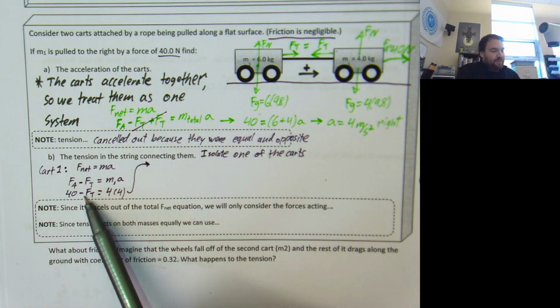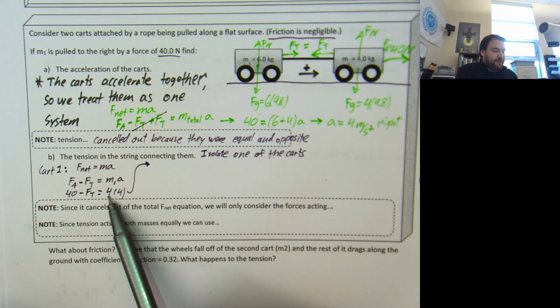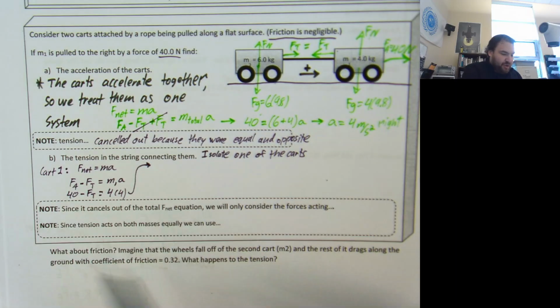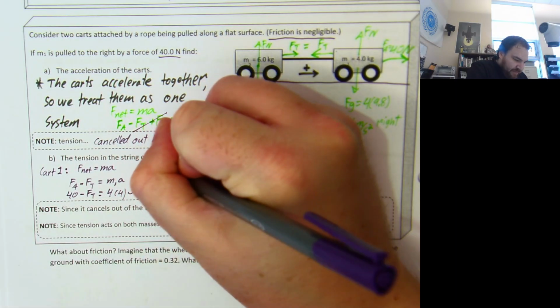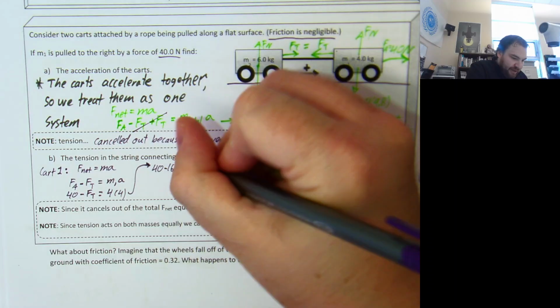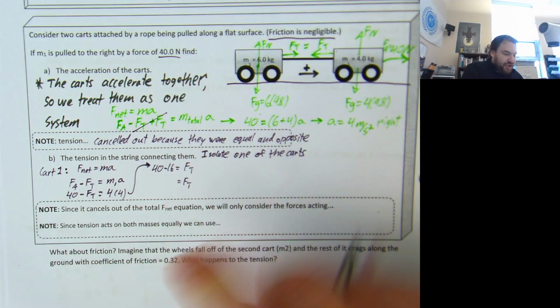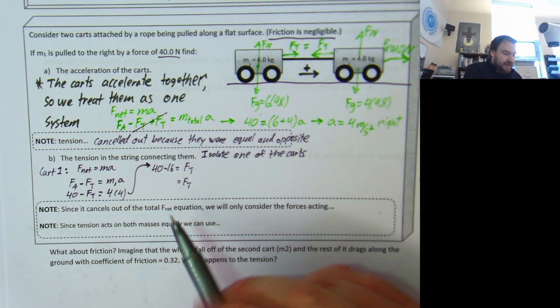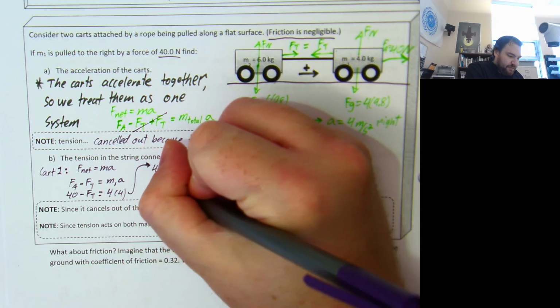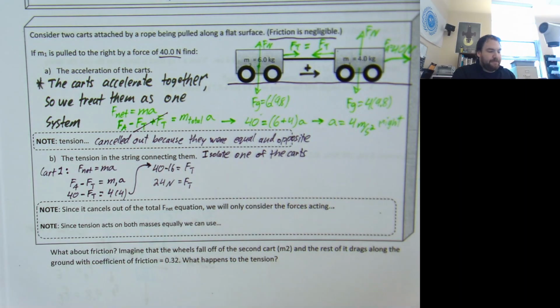I don't want that, so I'm going to add it to the other side, and 4 times 4 is 16. I'm going to subtract that back to the other side. So I get 40 minus 16 equals Ft, which means if we look at just the cart on the right, Ft is going to be 24 newtons. If we ignore cart 2 and focus on cart 1, that's the tension.